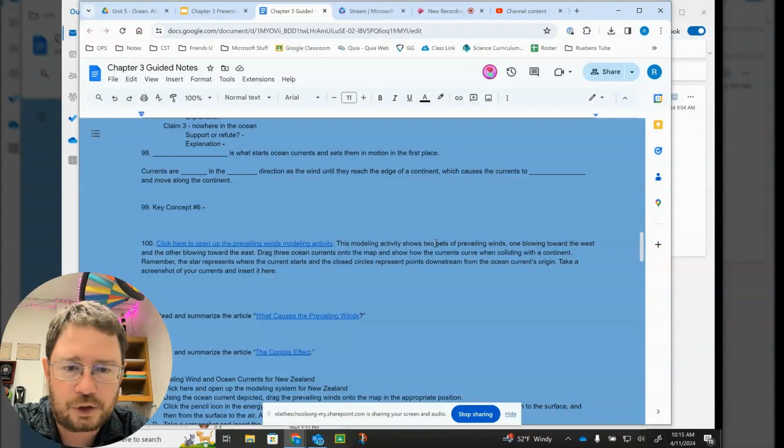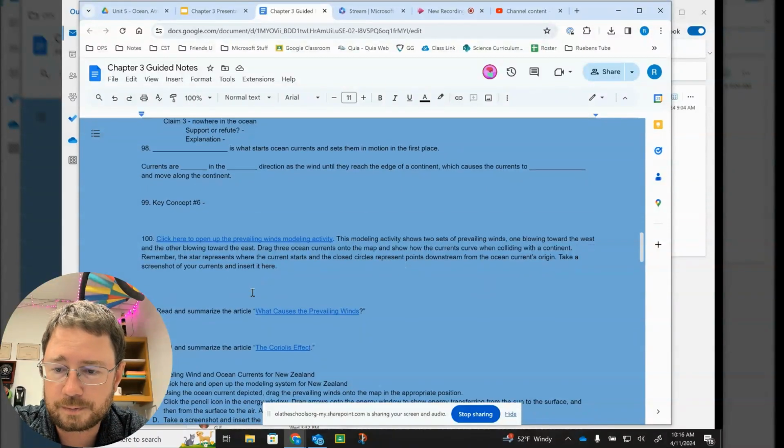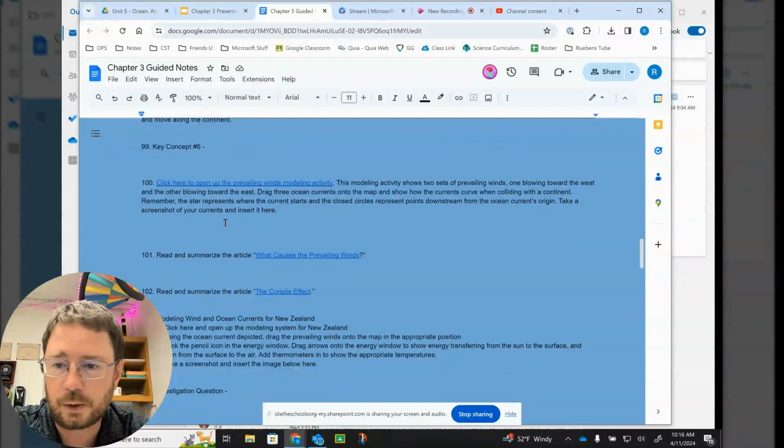This model activity shows two sets of prevailing winds, one blowing towards the west and the other blowing towards the east. Drag 3 ocean currents onto the map and show how the ocean currents curve when colliding with a continent. Remember, the star represents where the current starts, and the closed circle represents points downstream from the ocean current origin. Take a screenshot of your currents and insert it here. So go ahead and do that.